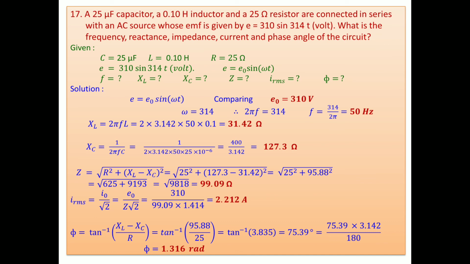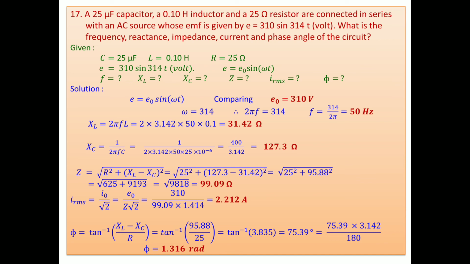Let us see. C is 25 microfarad, that is 25 into 10 raised to minus 6 farad. Inductance is 0.10 Henry. Resistance is 25 ohm. E is given as 310 sin 314 t volt. We know E equal to E naught sin omega t.